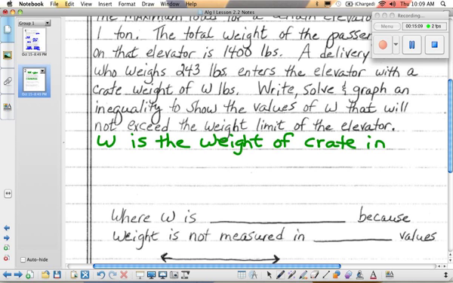Pounds, okay. The weight of the crate in pounds. That's what our W is, even though they already told us, it says the values of W, but we really need to define that for ourselves. Okay, anybody think they can help us set up an inequality statement that would help us come up with good weights for this crate?